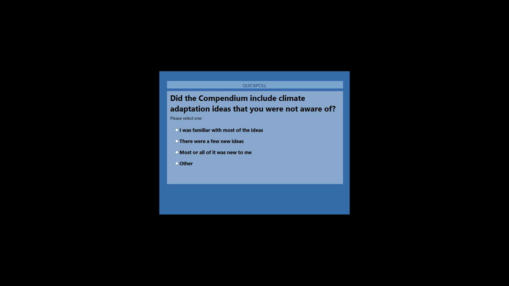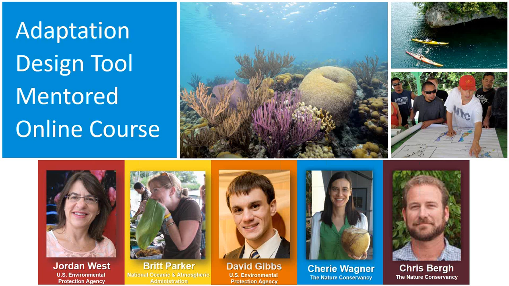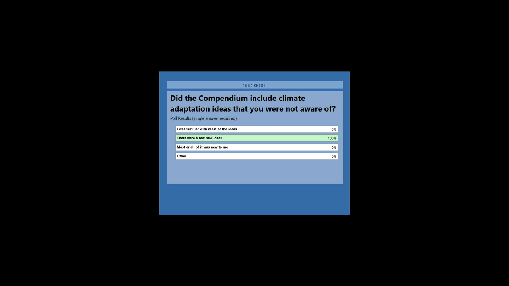You're familiar with most of the ideas. There were a lot of new ideas. Most was new, or other. Just want to get a sense from you so we figure out where you are so far. Okay, so I'll share with you the results. It looks like everyone that took the poll said there were a few new ideas, so that's great.